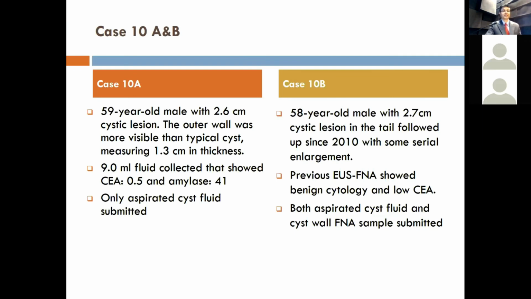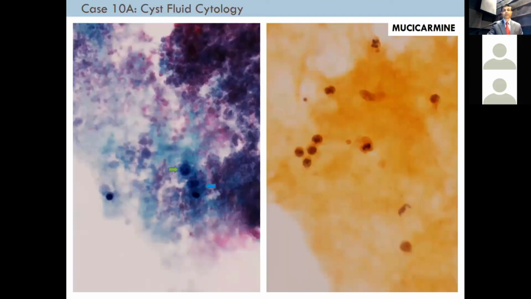In the first patient, only cyst fluid was aspirated and submitted. In the second patient, they aspirated the cyst fluid, and because they saw a thick wall, they also did FNA of the cyst wall.